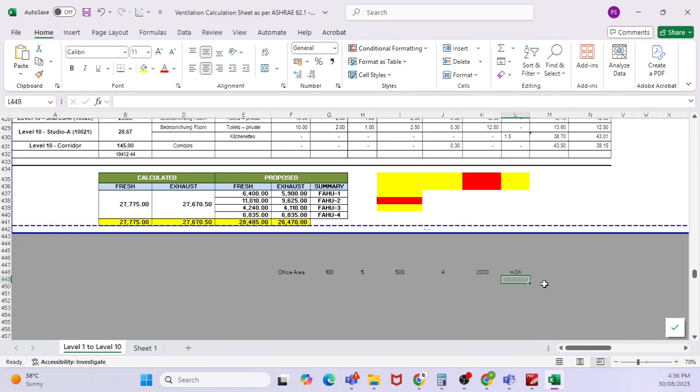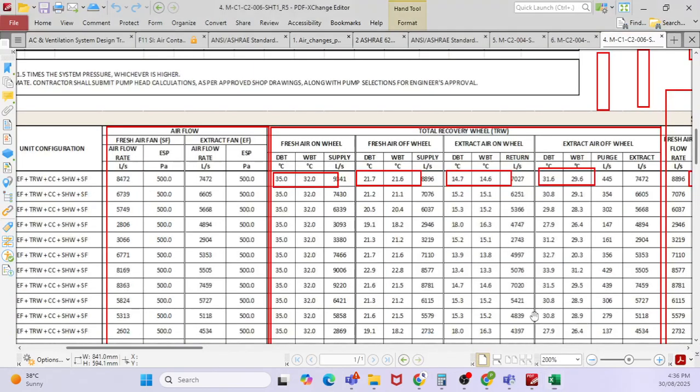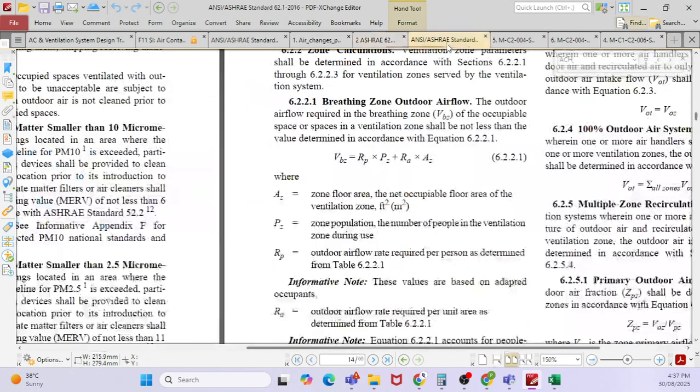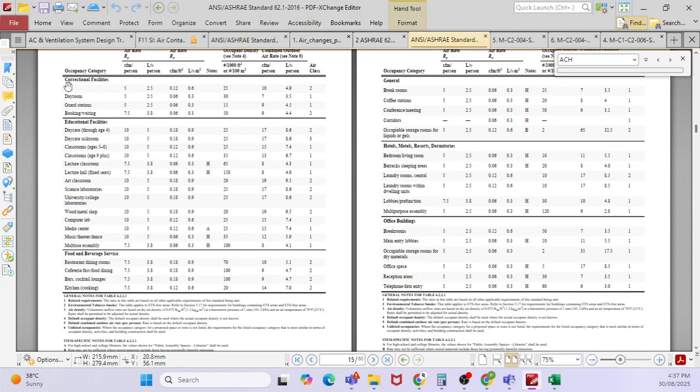But as per the ASHRAE standard 62.1, the requirement depends upon each and every space. If you go to 62.1, you will find different spaces here, by occupancy category.